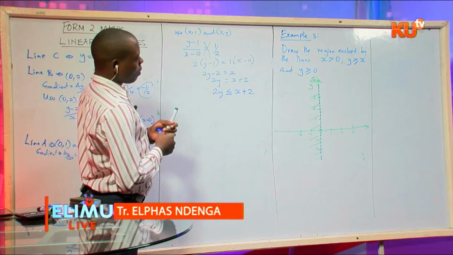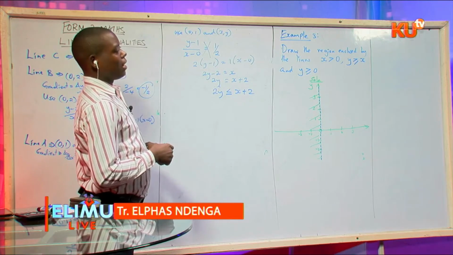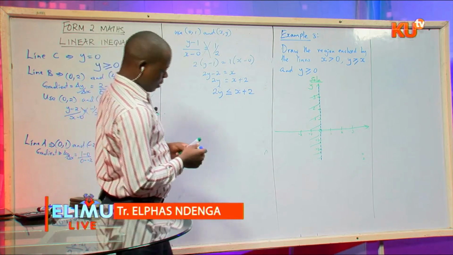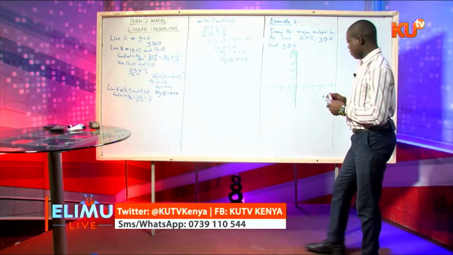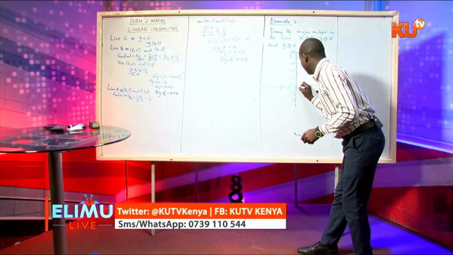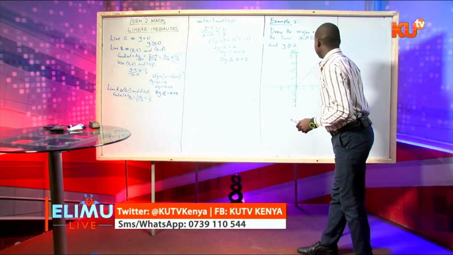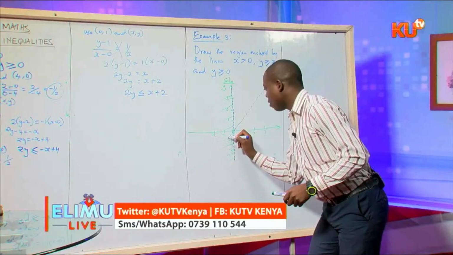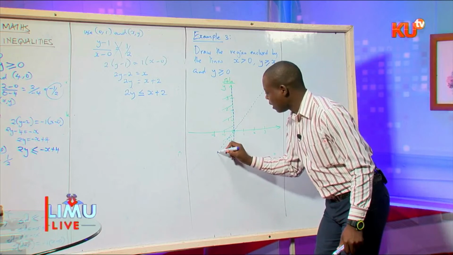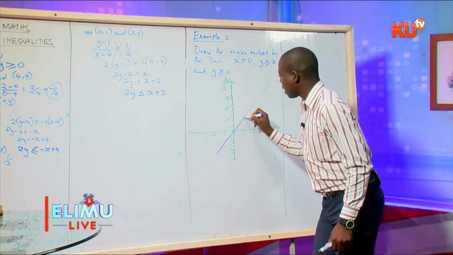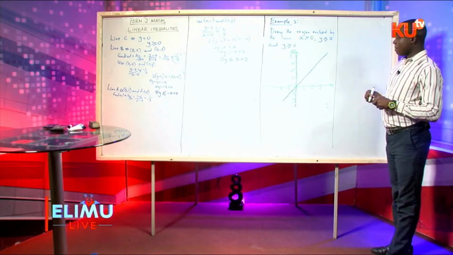The second line, y greater than or equal to x. The line y equals x is the line through the origin, sloping. Because the inequality is greater than or equal to, this line ought to be a continuous straight line through the origin.